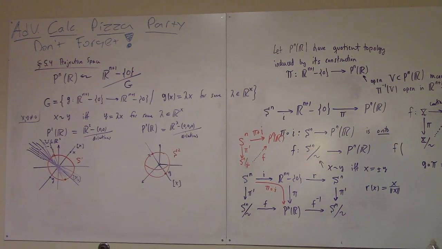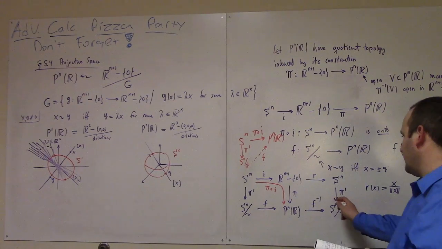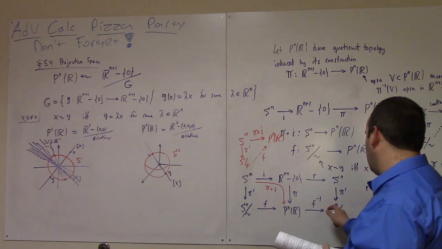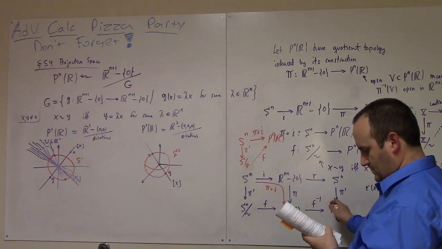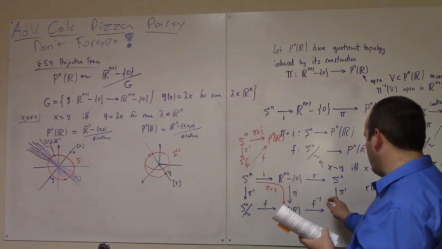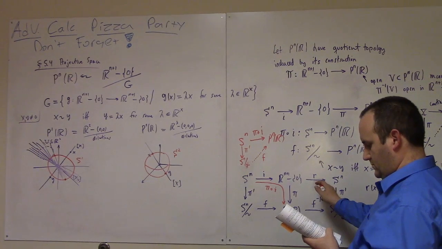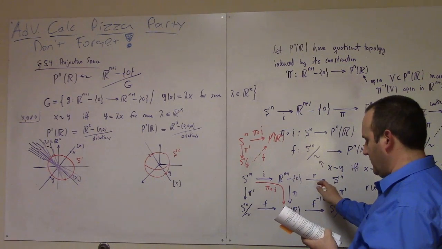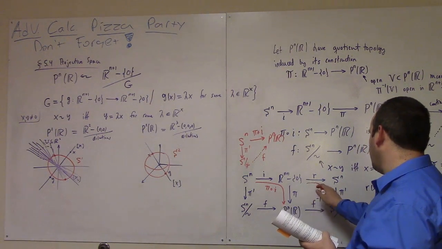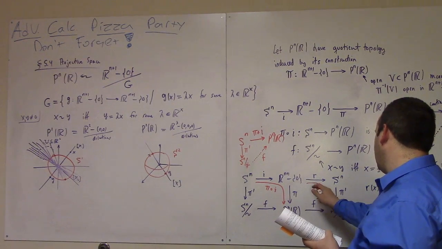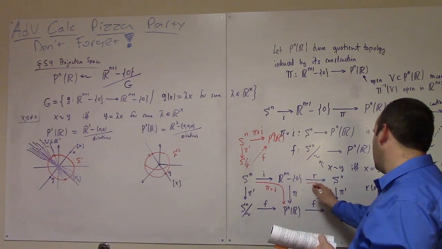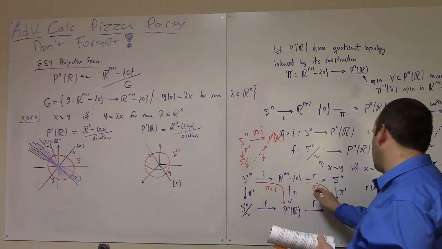Does that make sense? And likewise over here, pi prime composed with R. R goes first. I know it's always this fight we have with the order of composition.